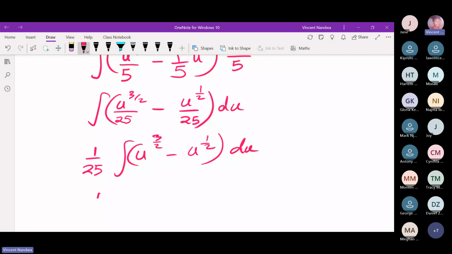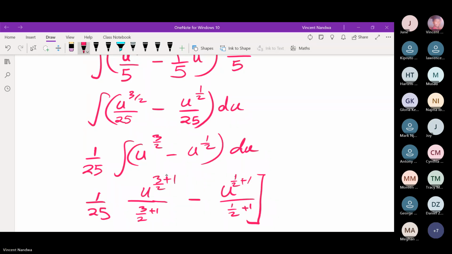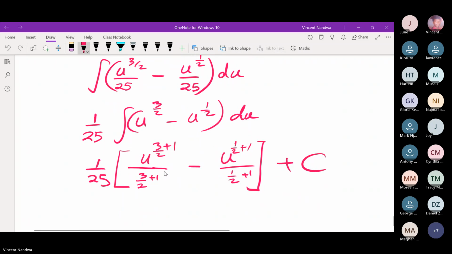So then we just apply the usual power rule. So I'll have u to the power 3 over 2 plus 1, then minus u raised to the power a half plus 1, over a half plus 1, then plus c. So 1 plus 3 over 2 is 5 over 2.